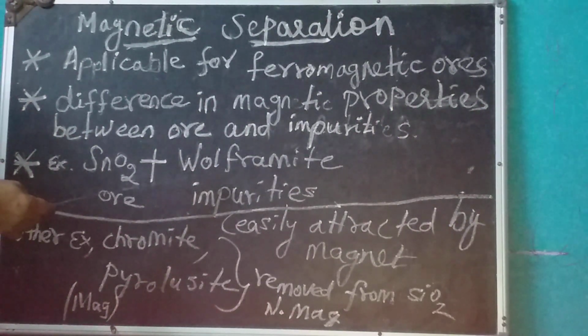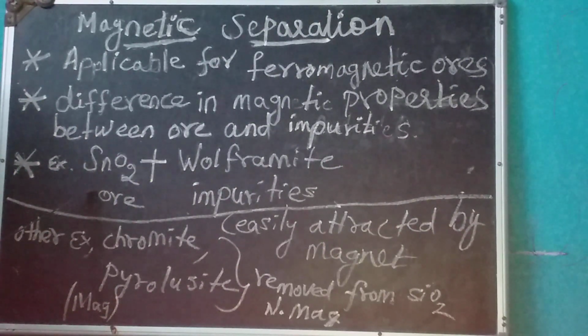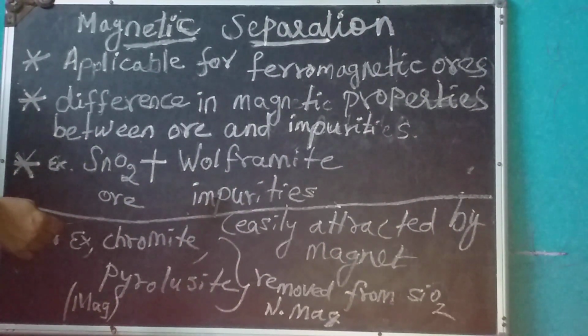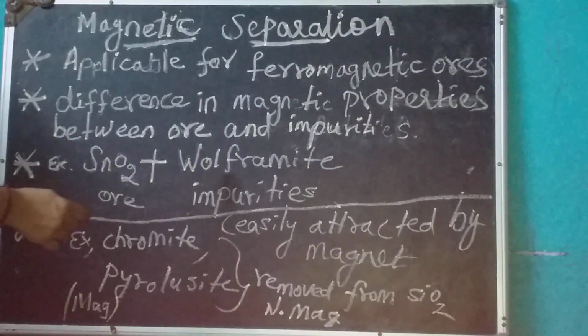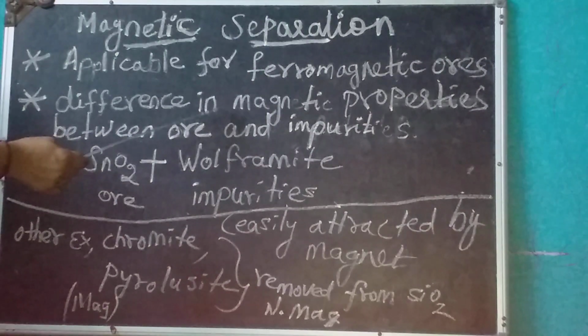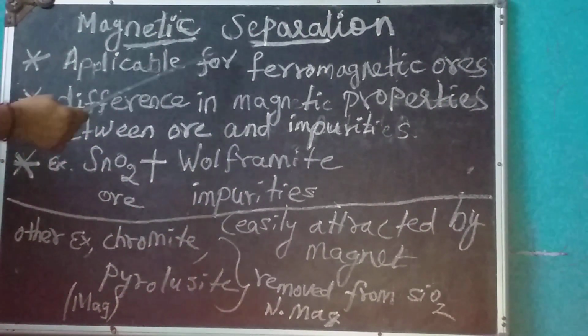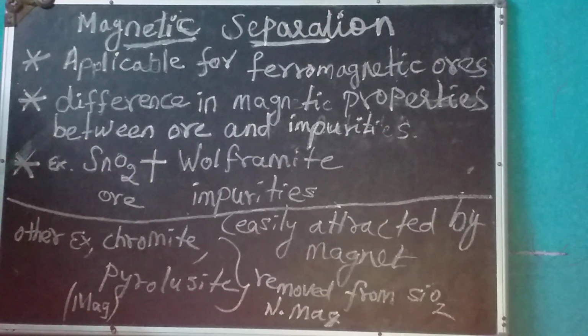So it is called a magnetic impurity. This is a non-magnetic substance and this is a magnetic substance. So here we have a difference in magnetic properties between ore and impurity, and the magnetic separation process is used for that.